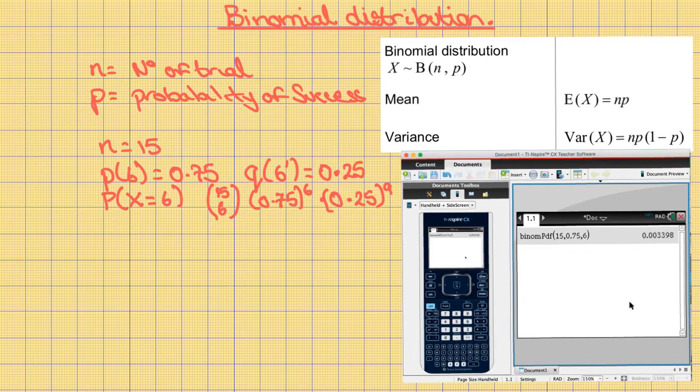So the probability that x is equal to 6 is equal to 0.0034 to 3 significant figures.